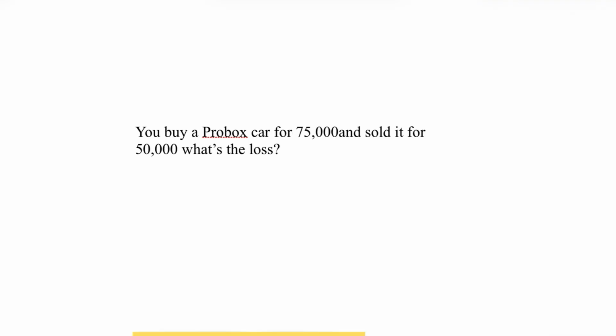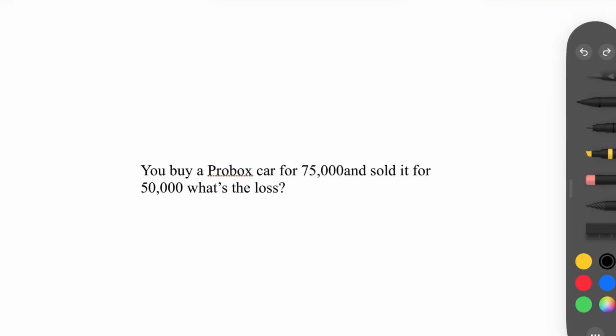Now let's answer another question. You buy a Probox car for 75,000 and sold it for 50,000. What's the loss? And we all know that a Probox is not 75,000 if you understand the reference I'm trying to make.